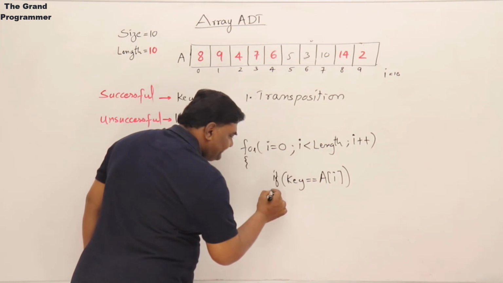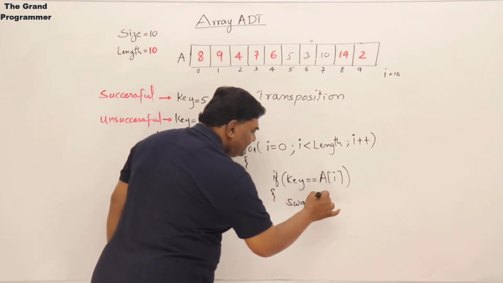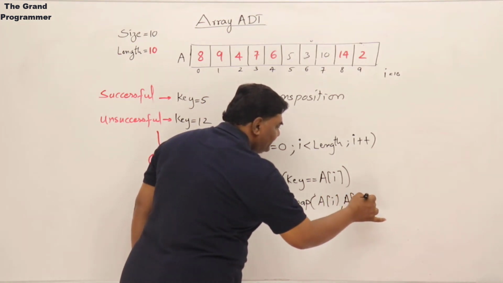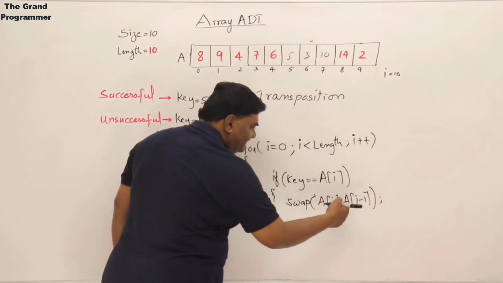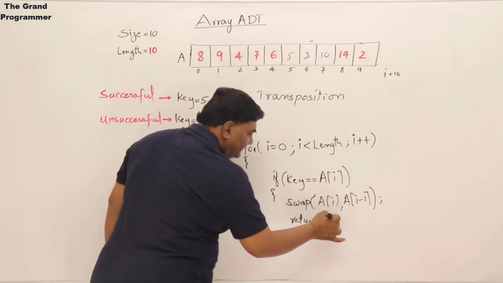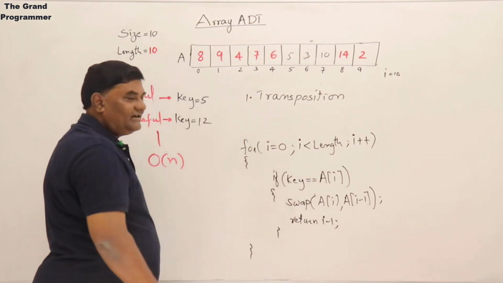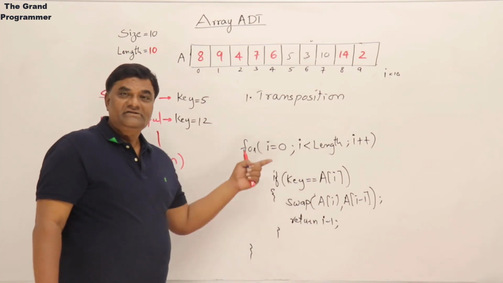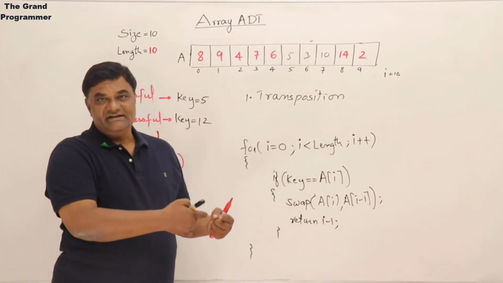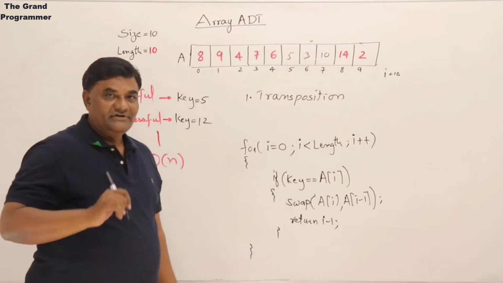If that key element is found, then you can swap that key element A[i] with A[i-1]. Now your key element has index i-1. Then you can return i-1. So this one statement you can add inside the search procedure. If the element is found, it moves one step forward so that next time it can be searched faster. This is one method.